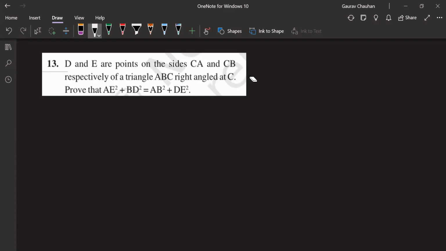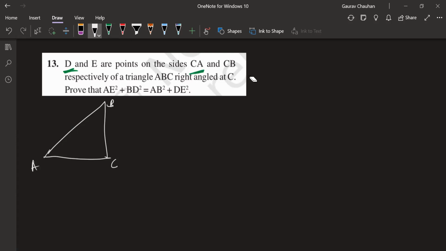D and E are points on the sides CA and BC of triangle ABC. So first I read the question. I see that there's a triangle ABC right angled at C. So that gives me a triangle ABC, right angle at C. It's important to note this very carefully. Don't by habit put B as the right angle here. So ABC. D is on AC.